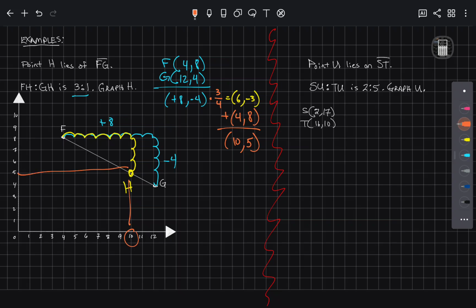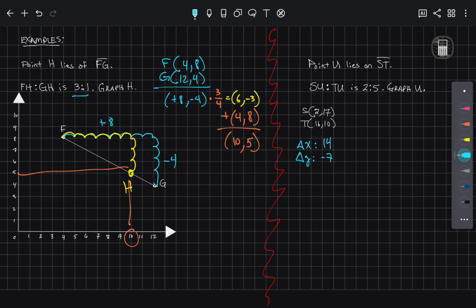Now let's go ahead and go through one where it's not using a picture, and we're just going to go through it mathematically. So we have S and T. I'm going to do my change in X and my change in Y right here. So 2 to 16 would be plus 14. 17 to 10 would be dropping by 7, so minus 7.